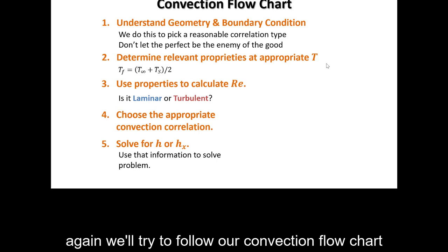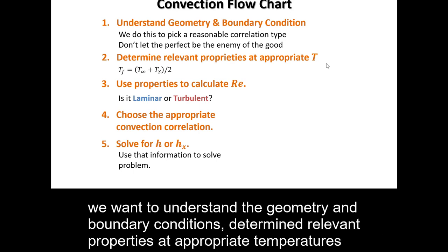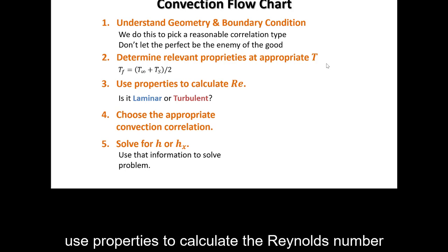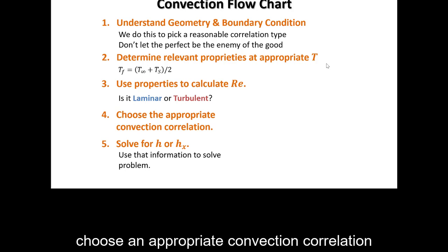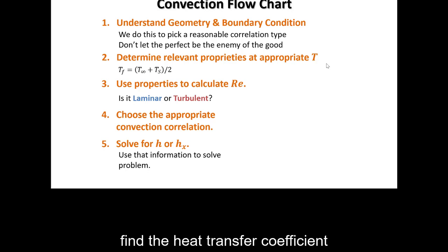Again, we'll try to follow our convection flow chart. We want to understand the geometry and boundary conditions, determine relevant properties at appropriate temperatures, use properties to calculate the Reynolds number, choose an appropriate convection correlation, find the heat transfer coefficient, and solve the problem.